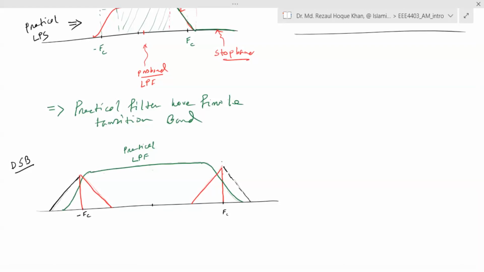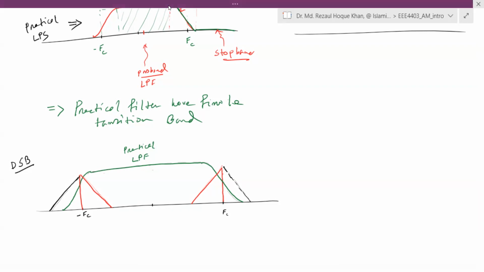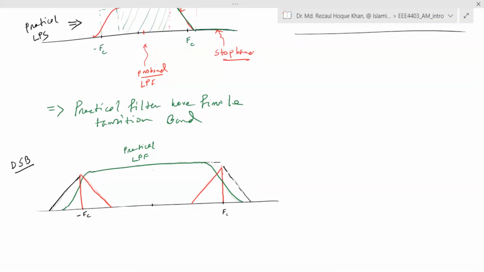Ideally, it is supposed to have a sharp cutoff, but it's not.